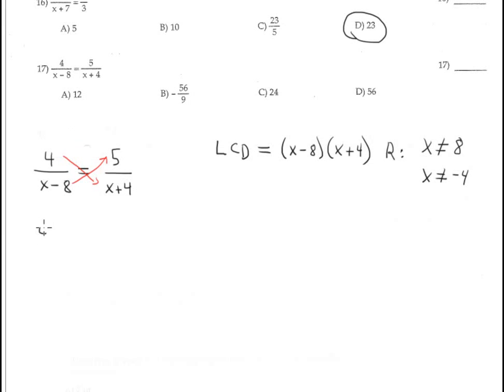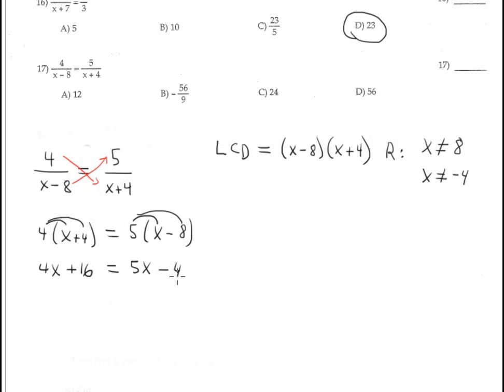It's 4 times x plus 4 is equal to 5 times x minus 8. Now multiplication is 4x plus 16 is equal to 5x minus 40.